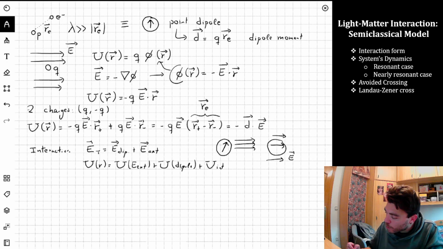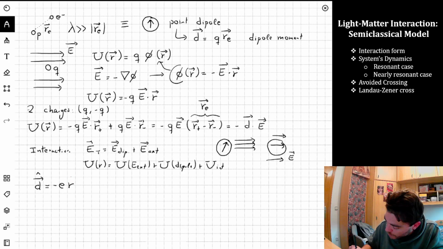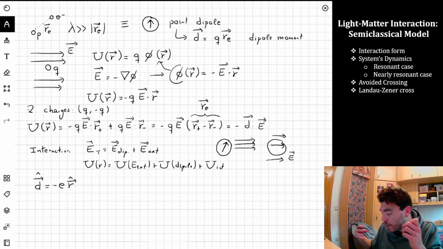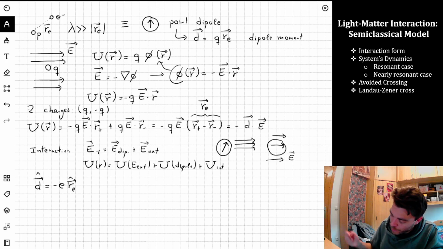Okay, so if we go back to our system and we want to quantize matter, now we have whatever atom, we have the dipole moment. Now the dipole moment elevates to a quantum mechanical operator, and this will be minus the charge of the electron, in this case, times r, where r now is the vectorial operator defining the distances between the two charges, Re.